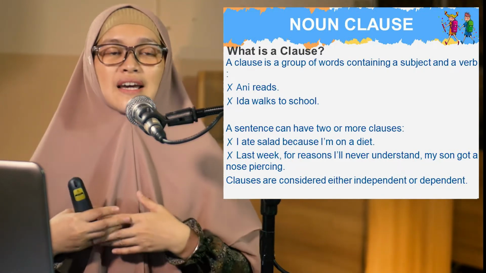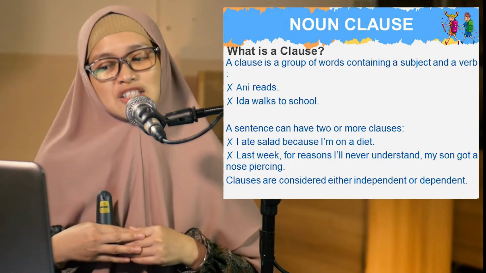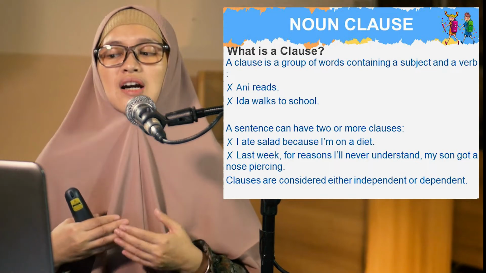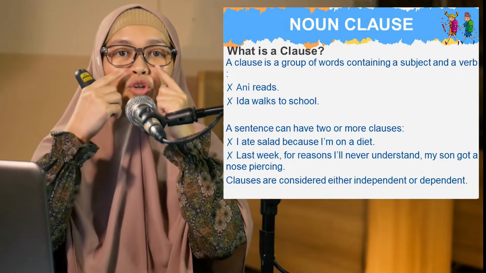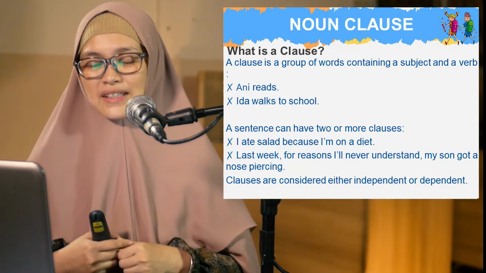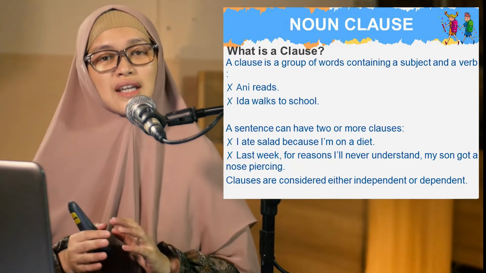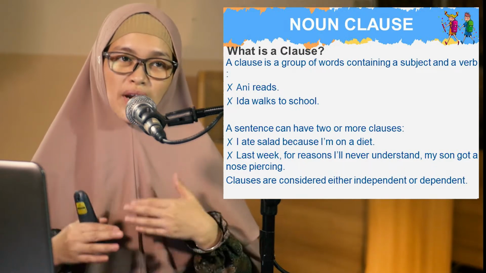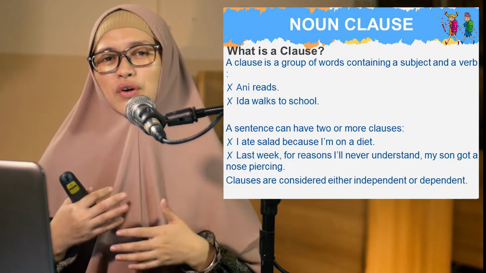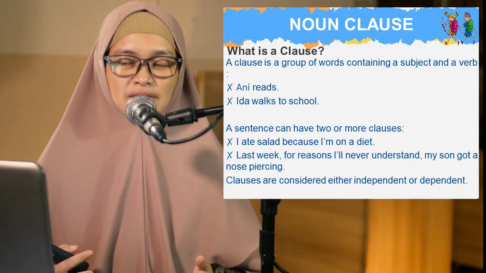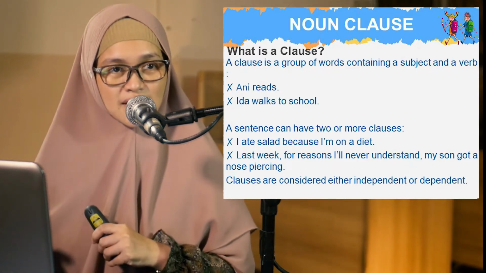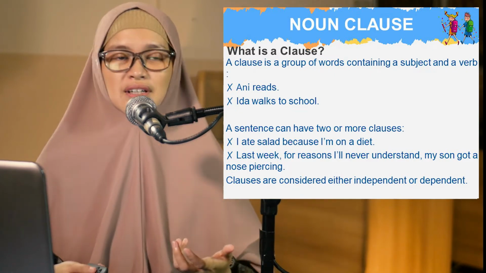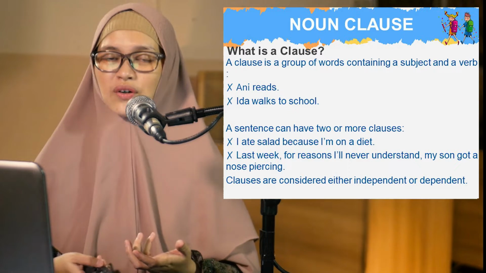Okay, and then the sentence: last week, for reasons I'll never understand, my son got a nose piercing. Actually, last week my son got a nose piercing. We already understand the meaning of that, right? But we add additional information with for reasons I'll never understand. It is also a clause.